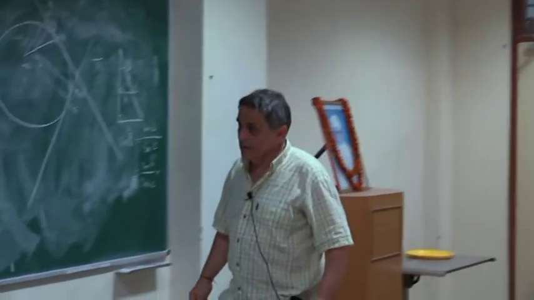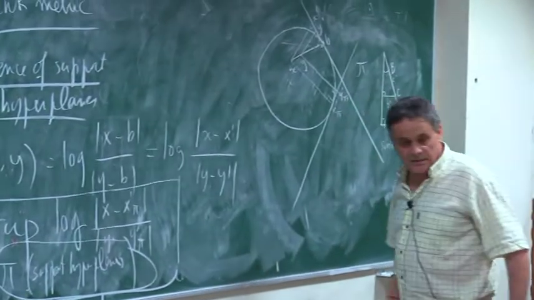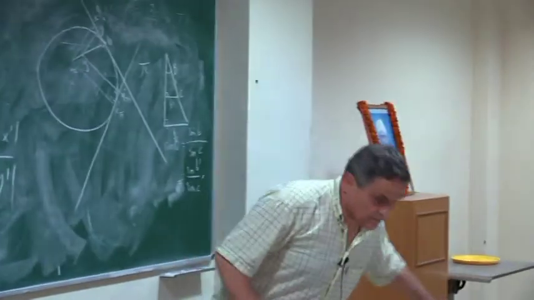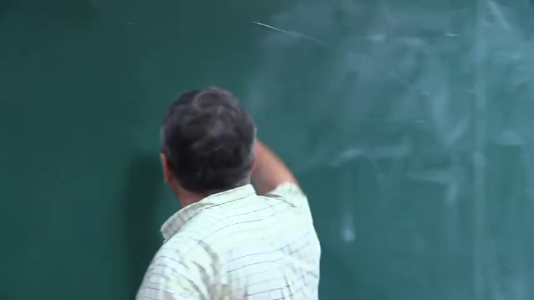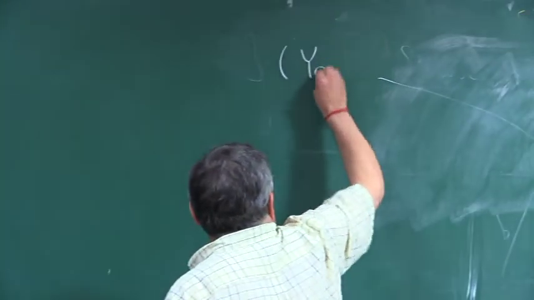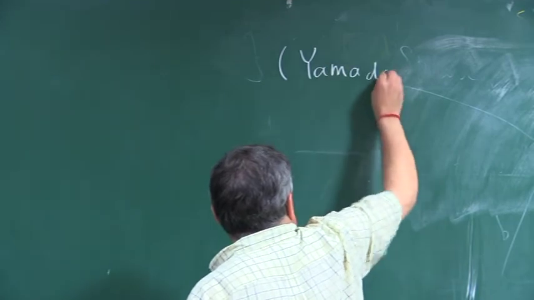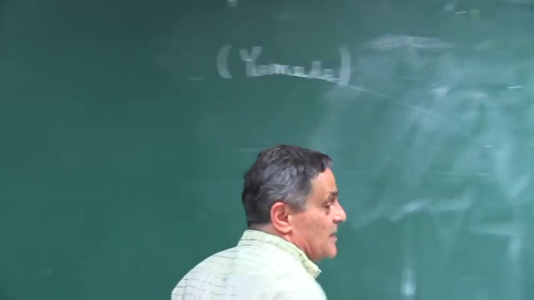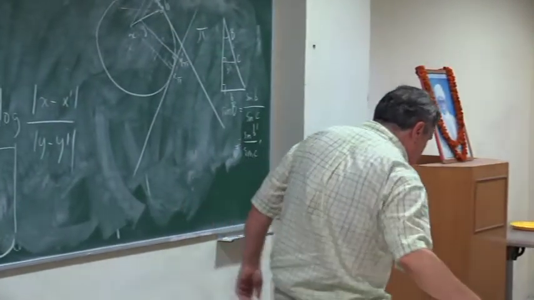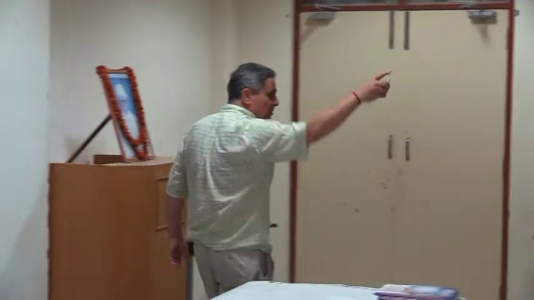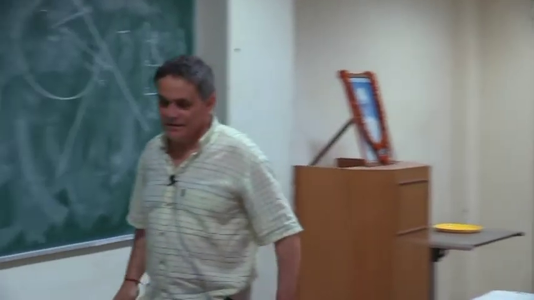So with all this, you can define this. When you have noticed this, together with Yamada, I remember that paper we wrote with Yamada, it was after a conversation with Norbert A'Campo that we had this idea of defining it this way.